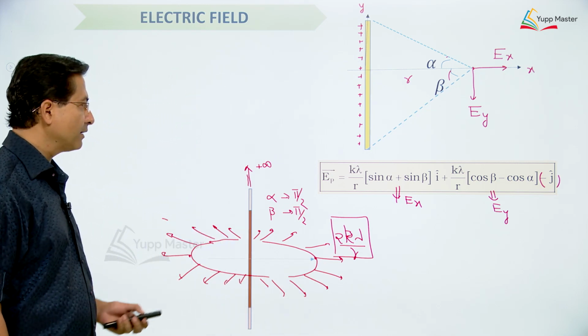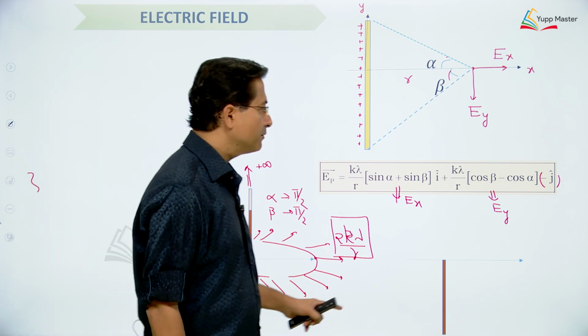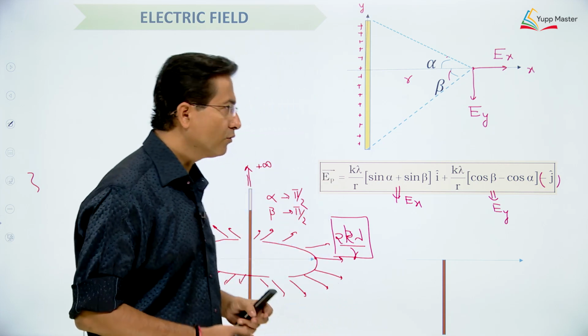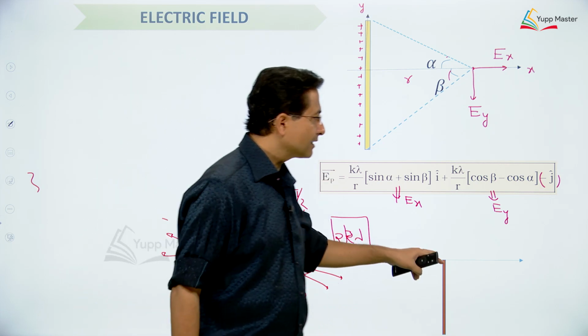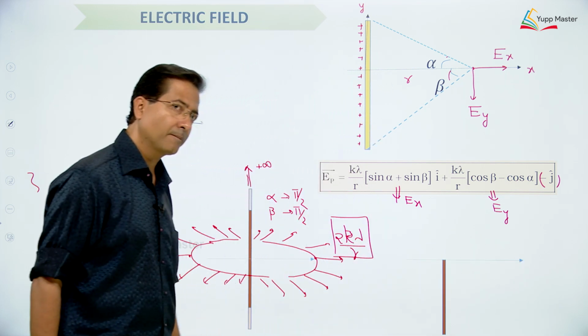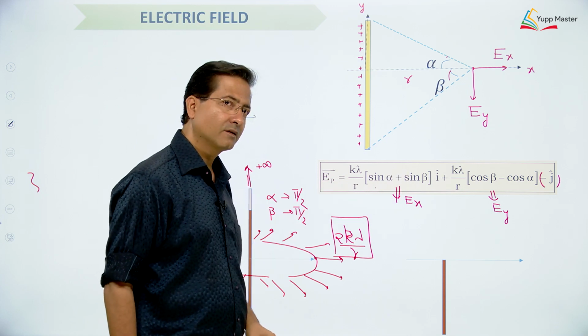Now for a semi-infinite wire, I already told you what is the meaning of a semi-infinite wire. A semi-infinite wire is again an infinite wire where we want to find out the field at the end or near the end of the infinite wire. So you can see again there will be two components, right?